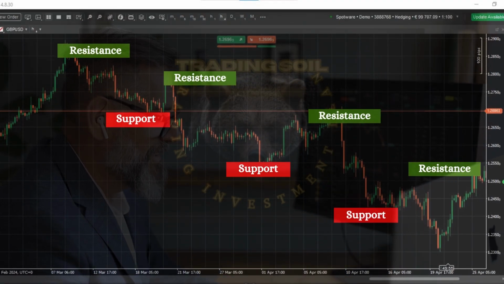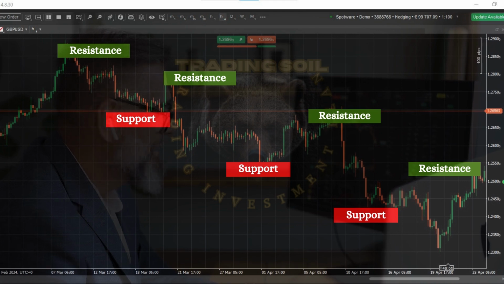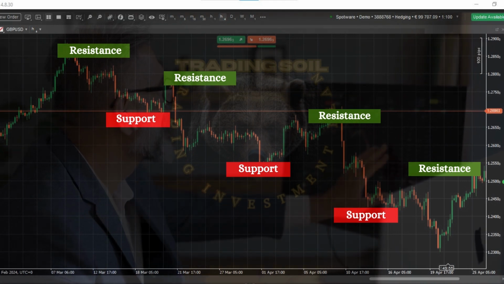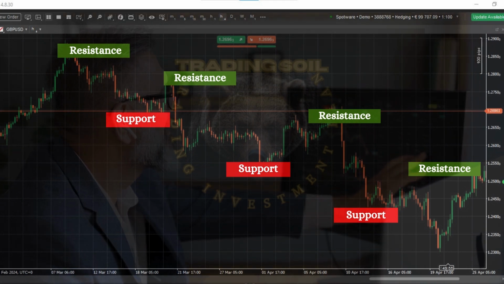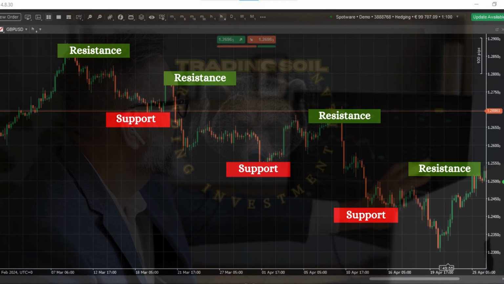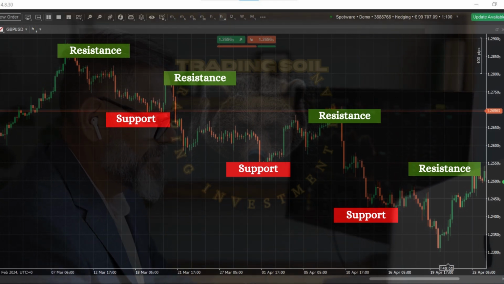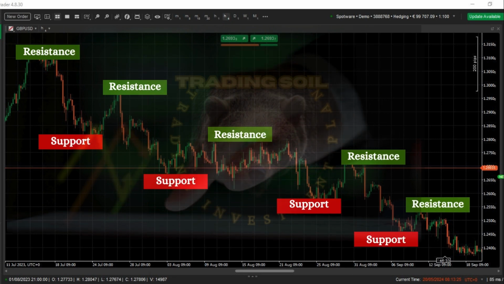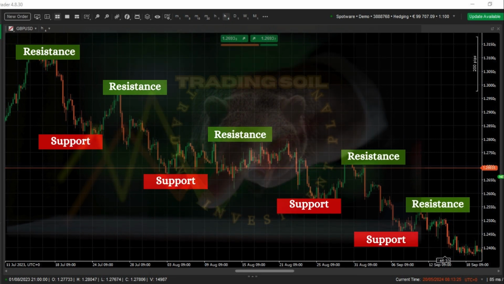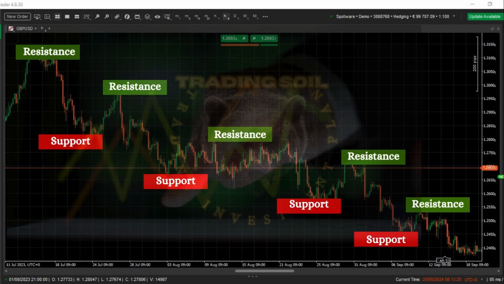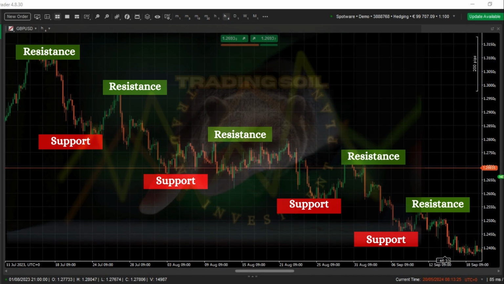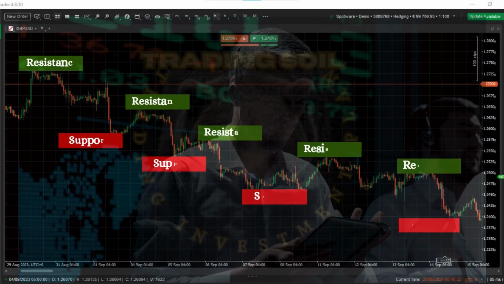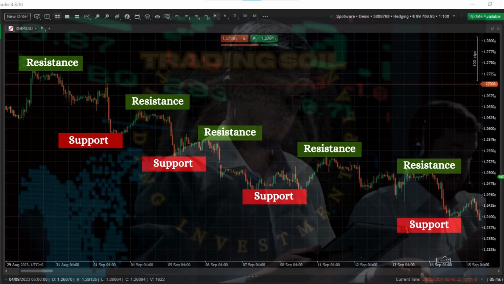Traders will now look for an opportunity to start investing in the quote currency rather than continue investing in the base currency. This is what support turn resistance means. You need to understand the proper concept of support turn resistance before you can plot it on your chart.